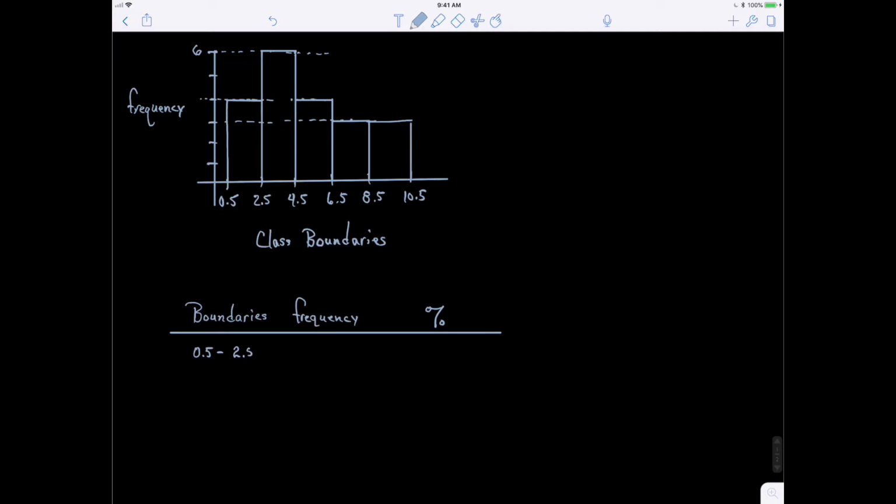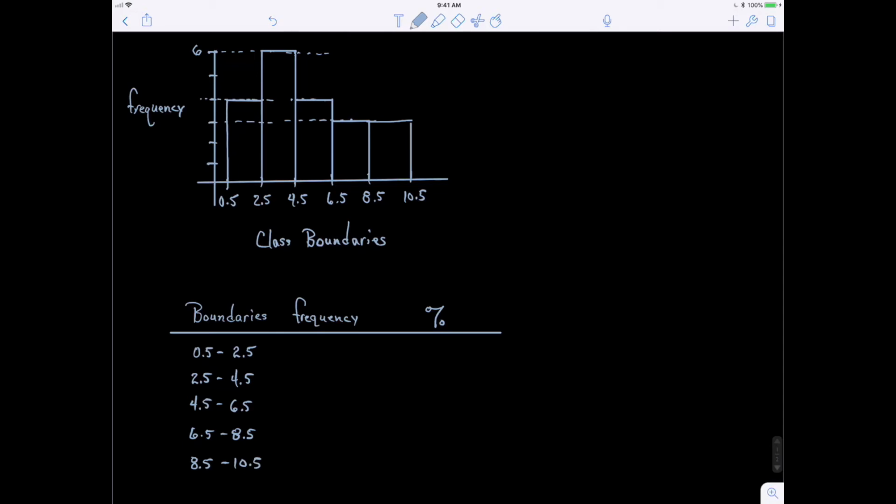At 0.5 to 2.5, we have 2.5 to 4.5, 4.5 to 6.5, 6.5 to 8.5, and finally our last class is 8.5 to 10.5.